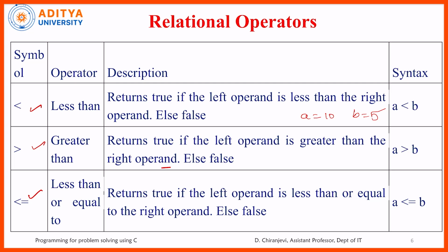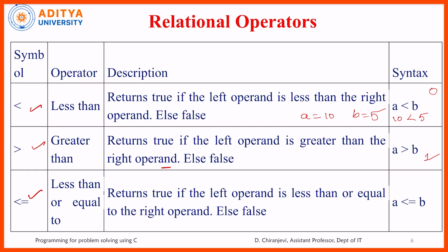So a less than b: a is 10 and b is 5, so 10 less than 5 is false, and your result is 0. In the same manner, a greater than b: 10 greater than 5 is true, so the result is 1. Then less than or equal to: it will check the left operand less than b, or the left operand equal to b.